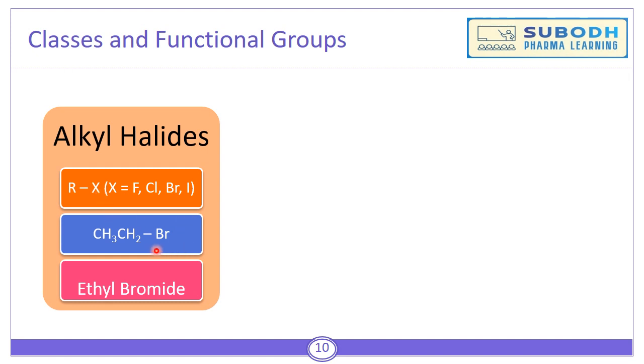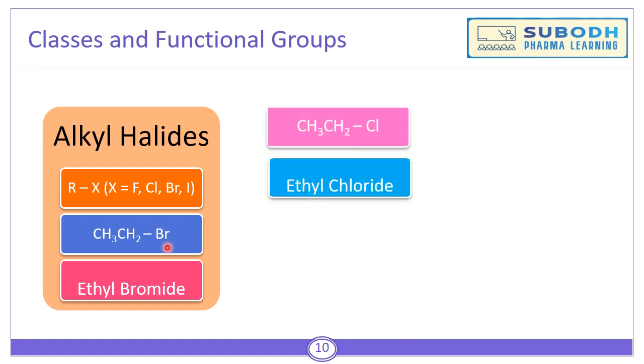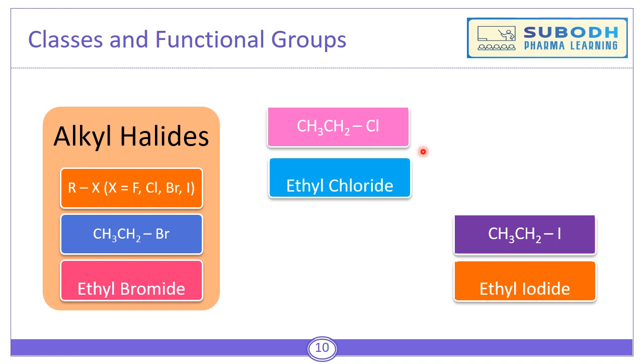See, in this, bromine is attached to the ethyl group. In ethyl chloride, the chlorine is attached to ethyl, and in ethyl iodide, the iodine is attached to the ethyl group.